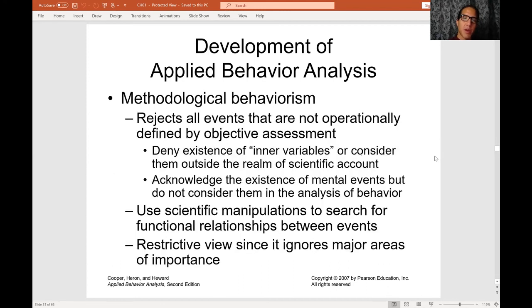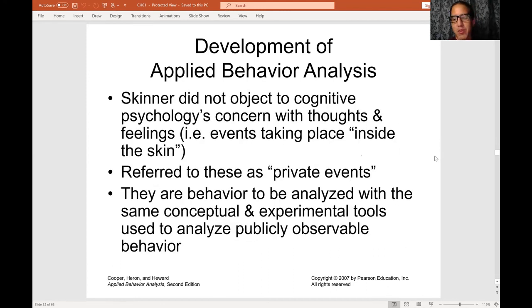Most people that I know are radical behaviorists though. And more research is uncovering the variables of thinking, the variables of how these private events influence behavior. So it's a very exciting time to look at how our field has developed.